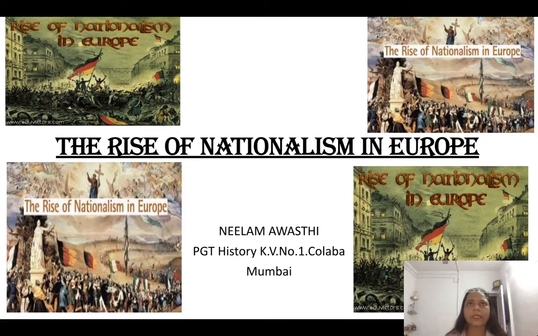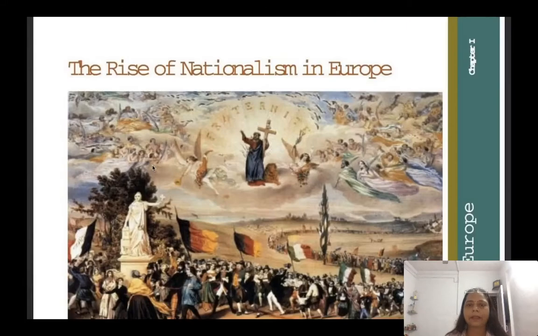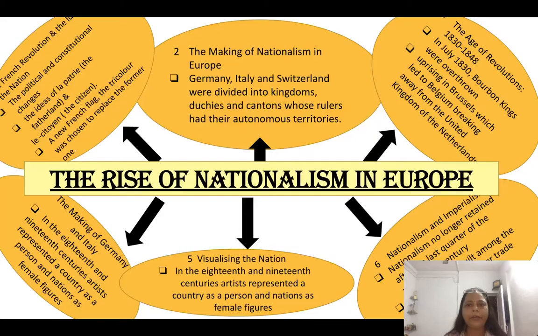The topics covered in this chapter are various, and in this video I'm going to tell you the whole chapter in a nutshell, so it is like a summary. The main topics covered in this chapter: the French Revolution and the rise of nationalism, nationalism and imperialism.